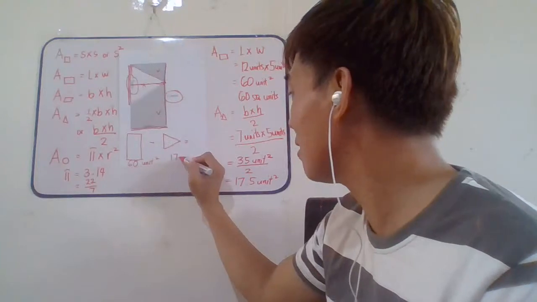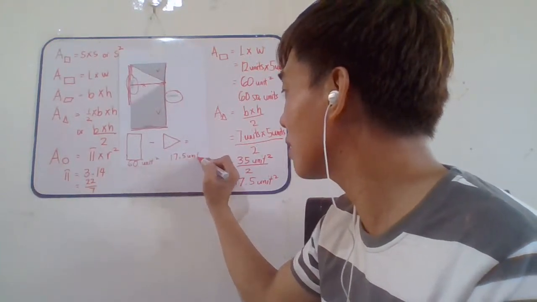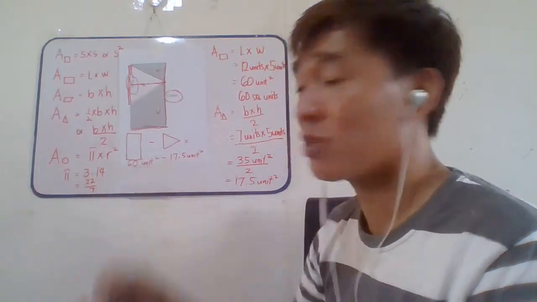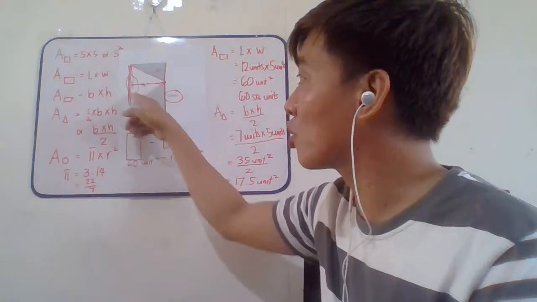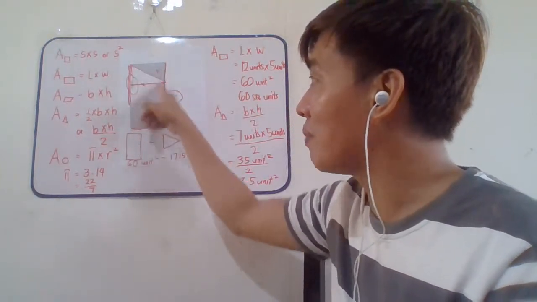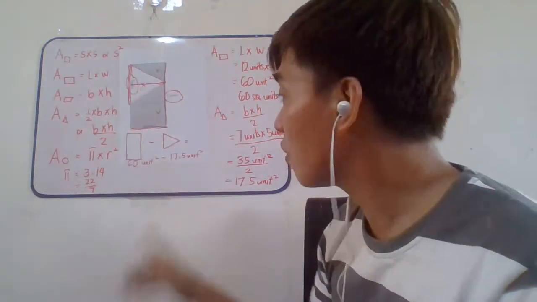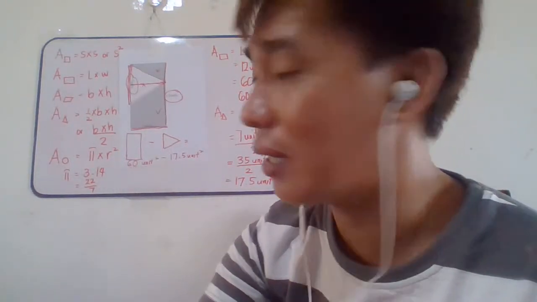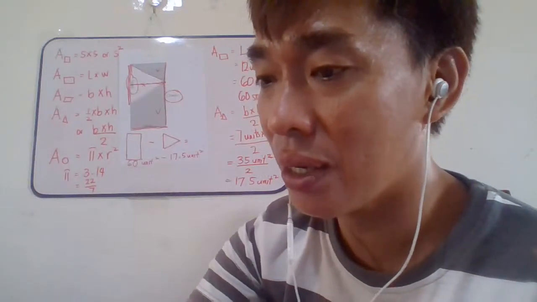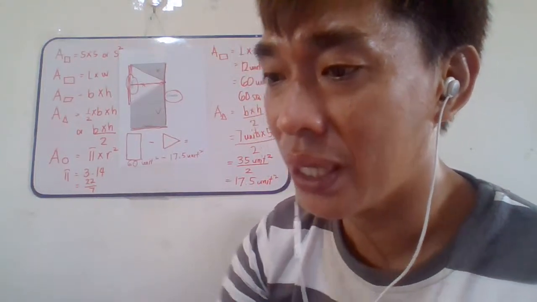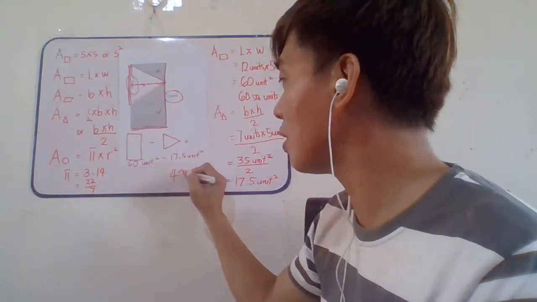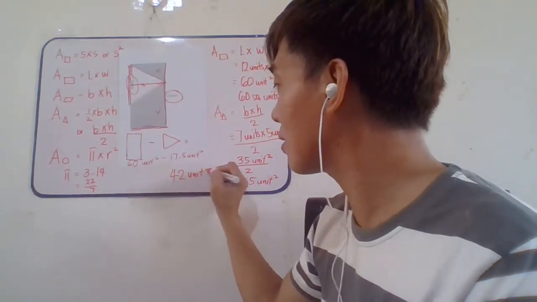17.5 unit squared. All you have to do this time is subtract, because we have to take out that white portion. The remaining here will be the shaded figure. So if we subtract 60 minus 17.5 here, that will give you 42 unit squared.